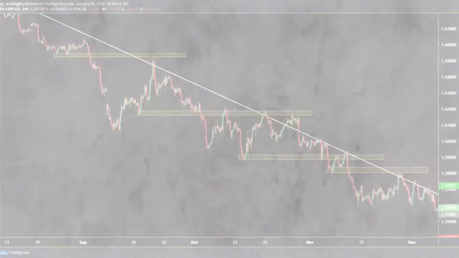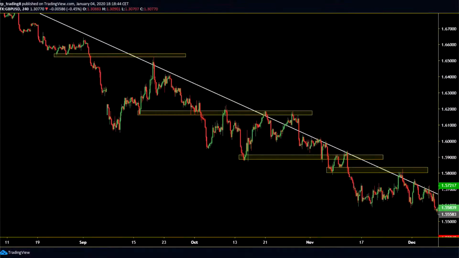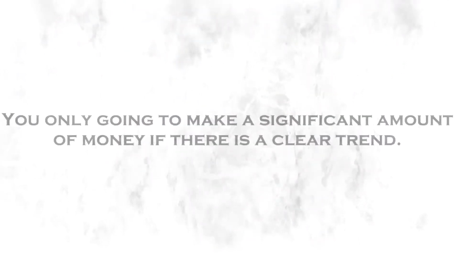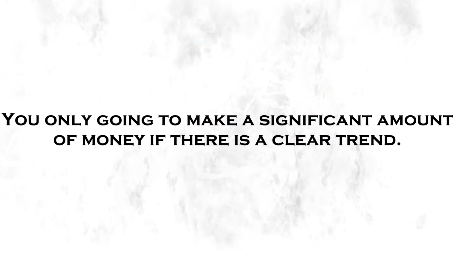You always want to use trends in confluence with horizontal levels, and you only want to take trades after price comes to a clear horizontal level and diagonal level, and starts reversing at both of those areas at the same time, because those are really where you are going to get some of your most high quality trades. You're only going to make a significant amount of money if there is a clear trend.